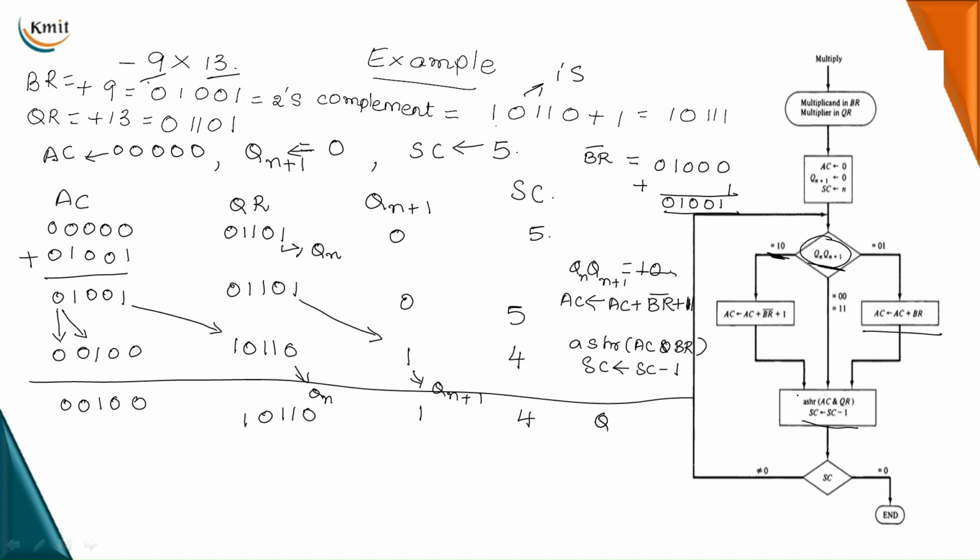Since Qn and Qn plus 1 is 0, 1, you have to perform an addition on the contents of AC plus BR. My AC value is 00100 and the BR value is 10111. Don't take BR complement, take just BR.